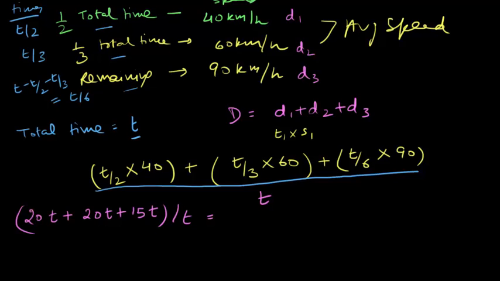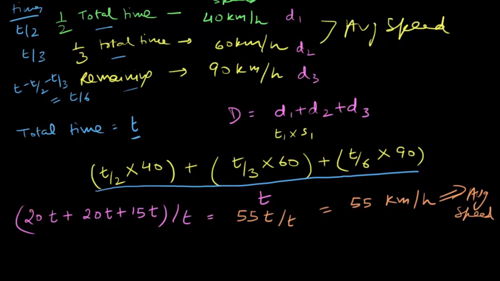This if you solve, you will get 55t divided by t, which is equal to 55 kilometers per hour, and this is your average speed. So if you have the concept clarity, whatever the jugglery the question does, you'll be able to tackle it very easily.